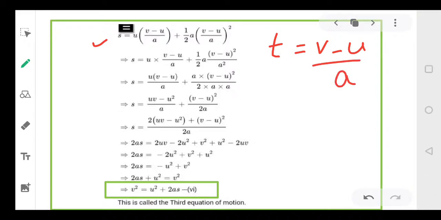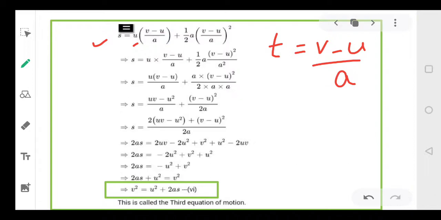S is equal to U into V minus U upon A plus half into A into V minus U upon A whole square. Okay, dear students? Now just open it. So S is equal to U into V minus U upon A plus half A into V minus U whole square upon A square, right?